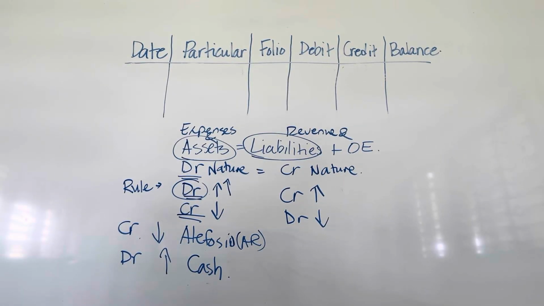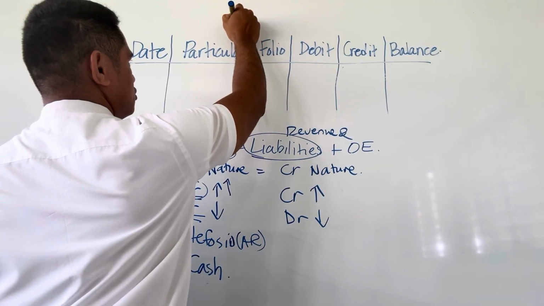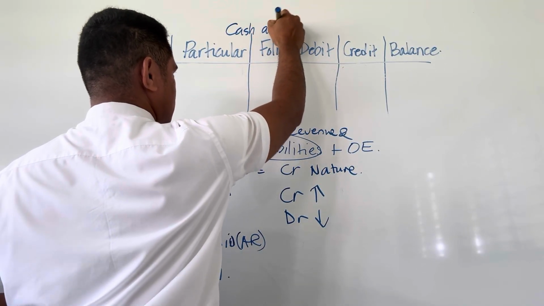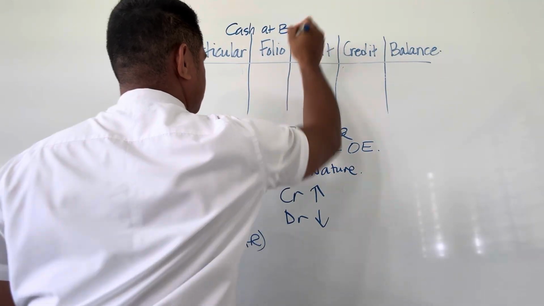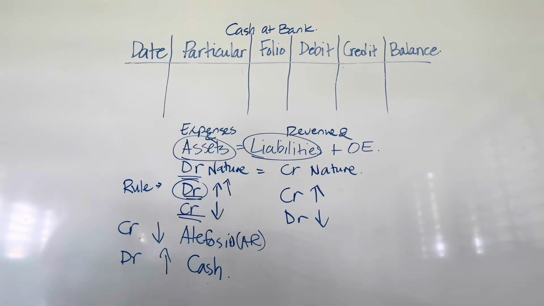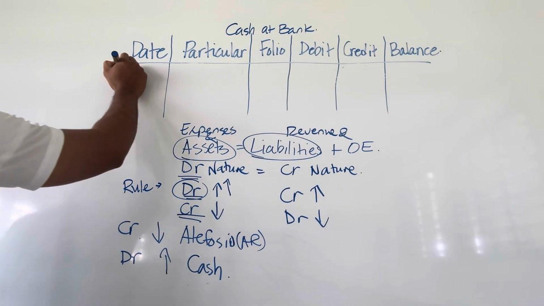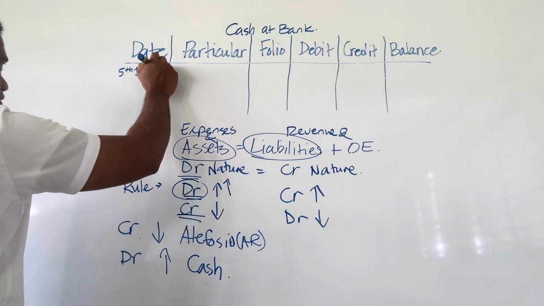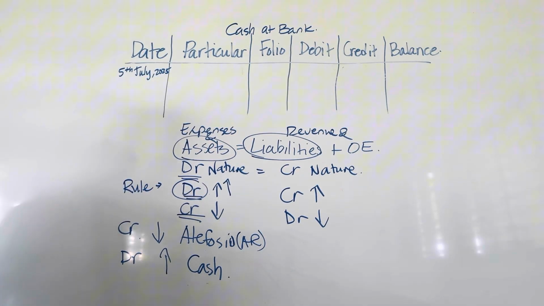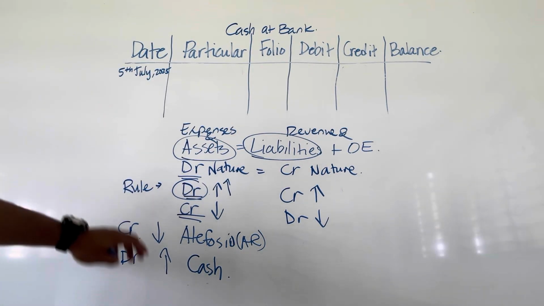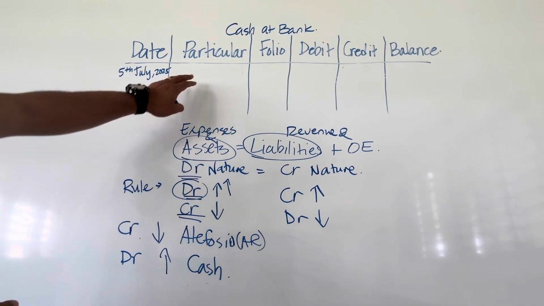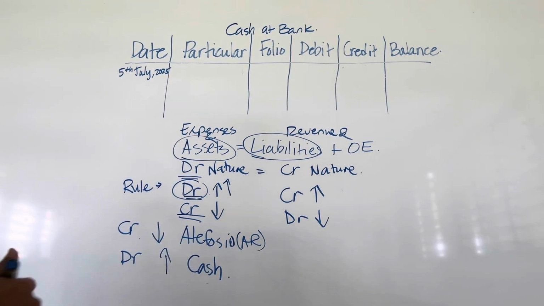Now we prepare the ledger for cash at bank. For the 5th of July, the particular for this transaction will be Alifosio, the account receivable.